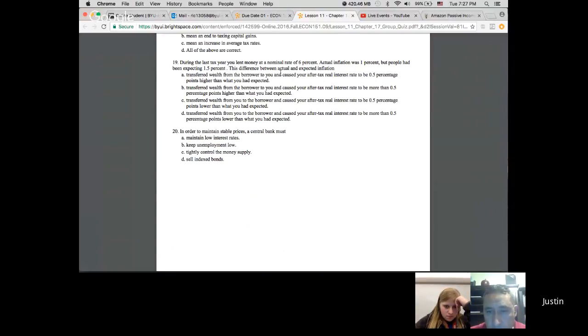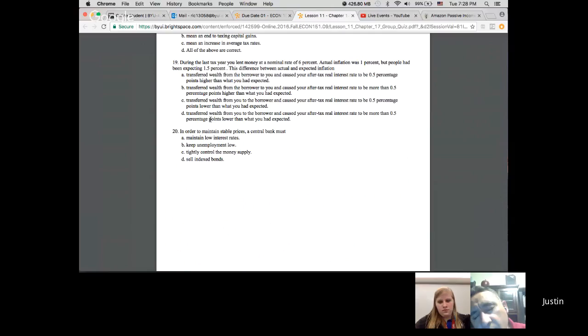And then the transfer of wealth would go from the borrower to you. Yes, because they were expecting to pay 4.5, but ended up paying 5.